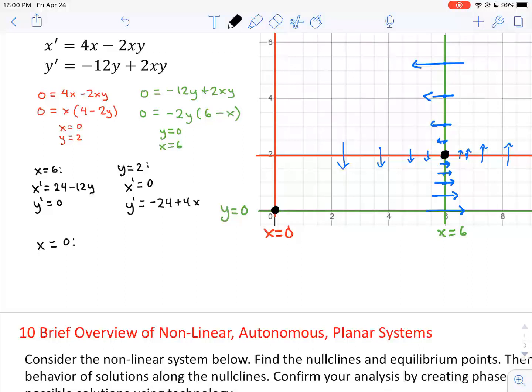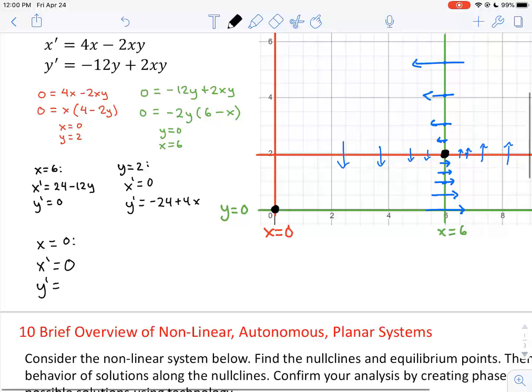So x equals 0 will give us an x prime of 0, which means we expect no left-right movement along this portion of the nullcline. But we'll see what happens to y prime in a second. So x prime will be 0 and y prime will be, plug in 0 for x, we just get negative 12y.